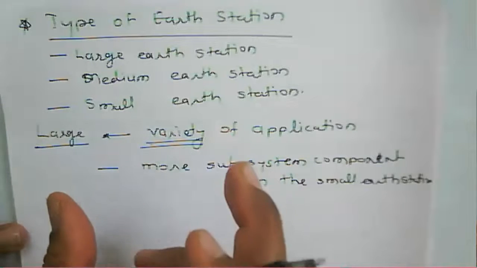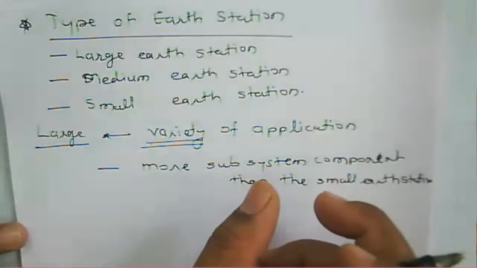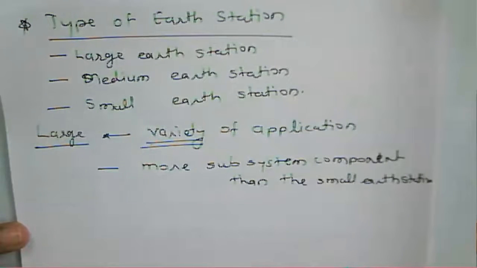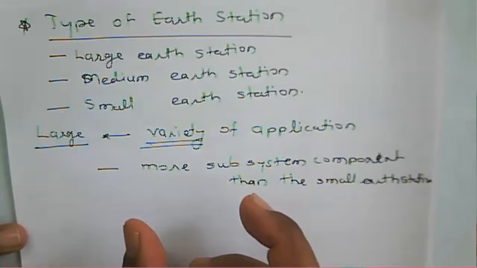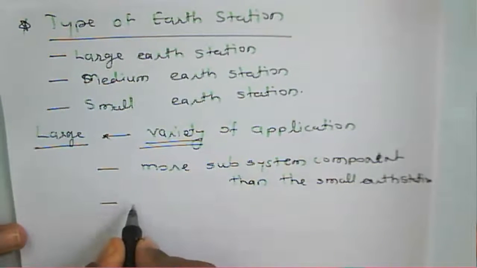Since that large antenna is there, we require a control system to direct the antenna towards the satellite. So that large antenna structure should be fully steerable.